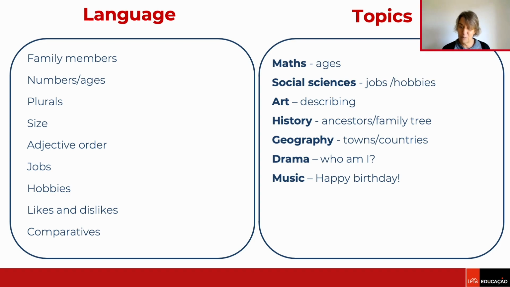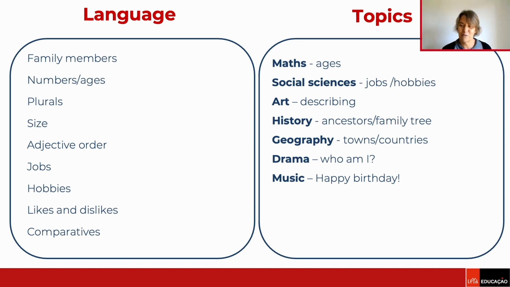Looking at jobs and hobbies fits in with social science. Describing, they could draw their family. The classic that everyone does, I'm sure, is ancestors and the family tree. So here we could explore history as well. Geography, so where the family lives, where they come from. Many children have grandparents that are living in the country or in a village, and they could talk about that.